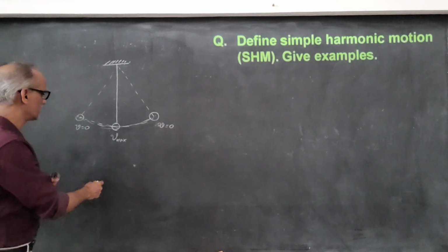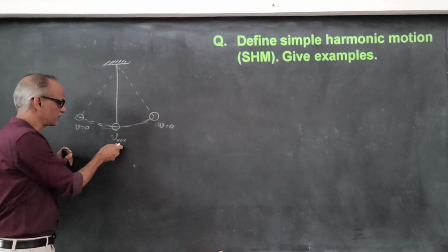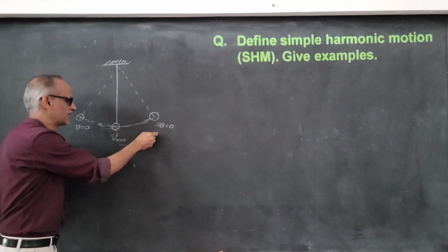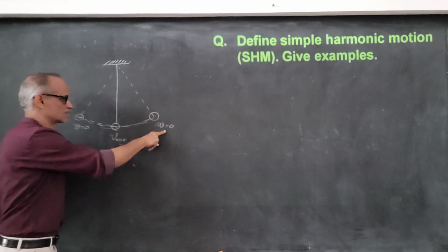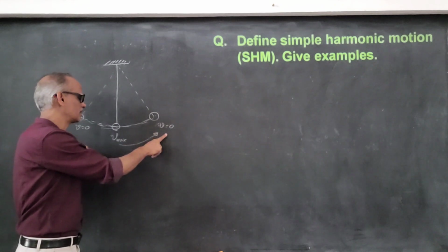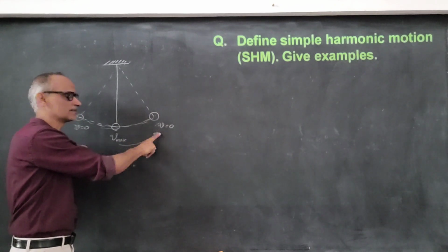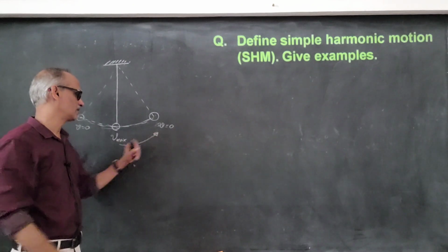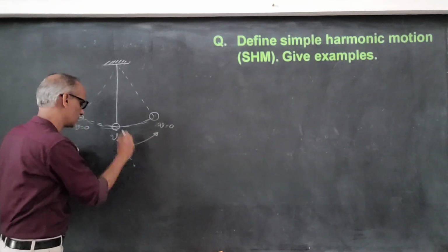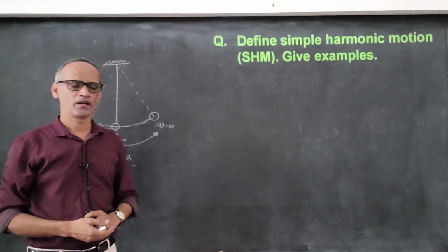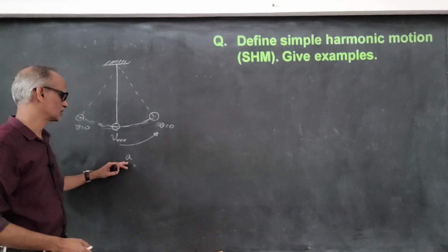Now see this point here. As it moves from the mean position towards the extreme position, is there any change in the velocity? Yes. Is the velocity increasing or decreasing? It is decreasing. If there is a decrease in velocity, definitely we say that the body possesses acceleration. And what is the direction of that acceleration?